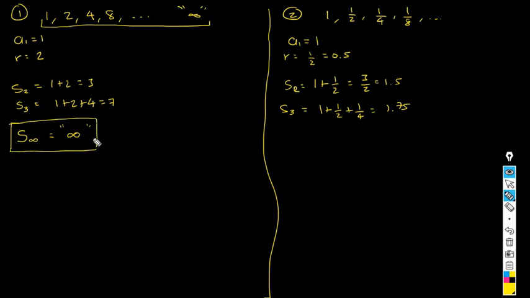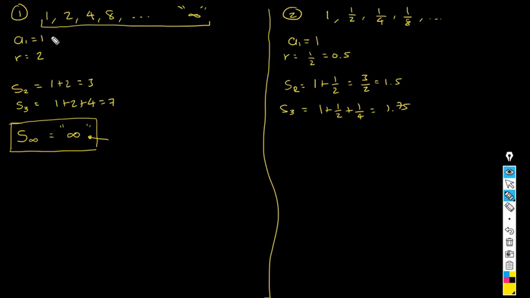Every time we talk about infinity, it's not very clear what we mean, okay? Maybe you will understand later what infinity is, but it's not really a number, okay?